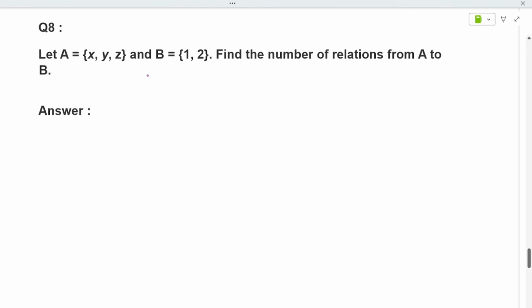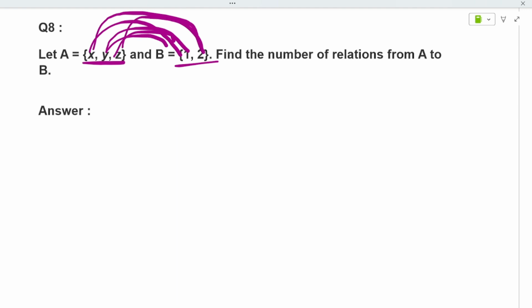Now they have given A is equal to {x, y, z}, B is equal to {1, 2}, a relation from A to B, and we have to find the number of relations. If we have to find the number of relations in any set, first see how many elements there are in total. x, y, z, you have to do A to B, right? So you have to relate with all of A, x here, and z also.